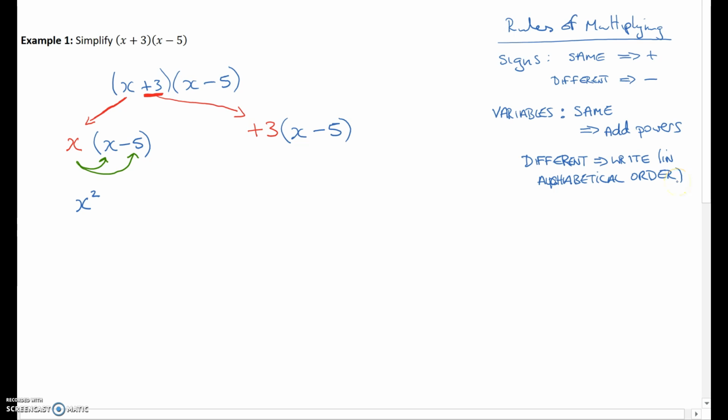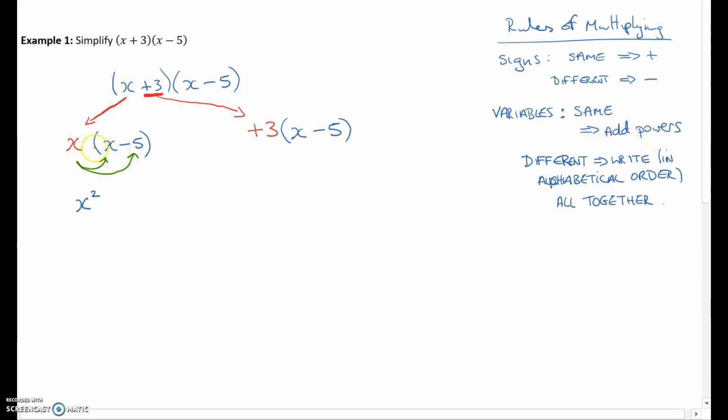Not necessarily so, but usually you'll write them in alphabetical order, and you write them all together. Now that's not going to apply in this case because the variables we're working with right here are the same. So x by x, it's the same variable we're multiplying, so we add the powers.